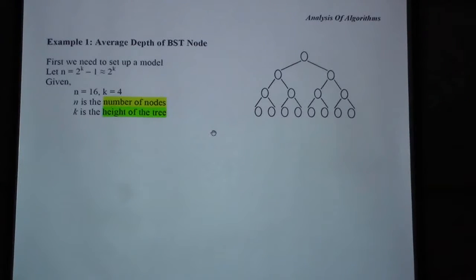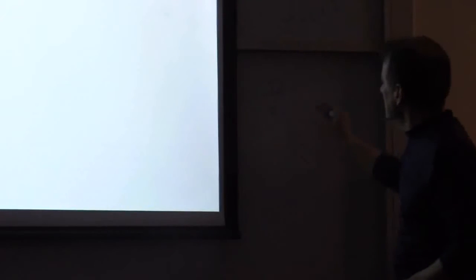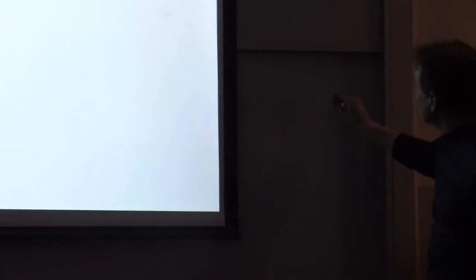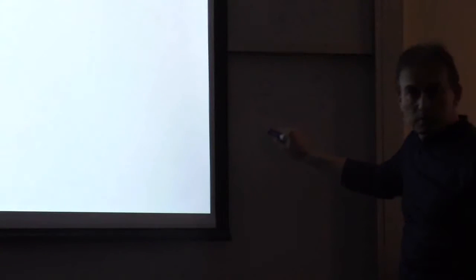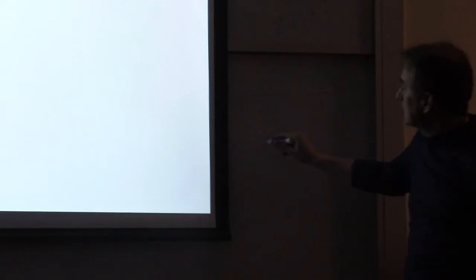Now, what's the depth here? 0. So the depth, D, is 0, and C, the count, how many nodes? 1. Let's go to the next depth. What's the depth? 1. How many nodes?